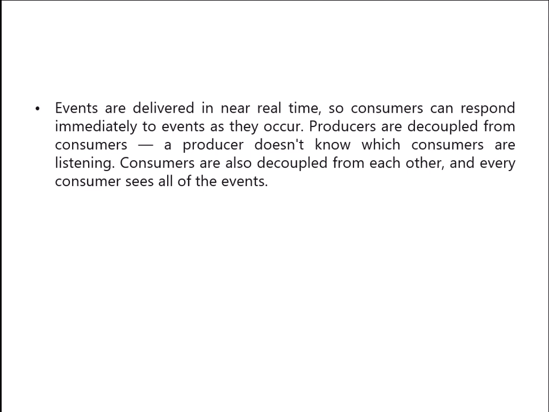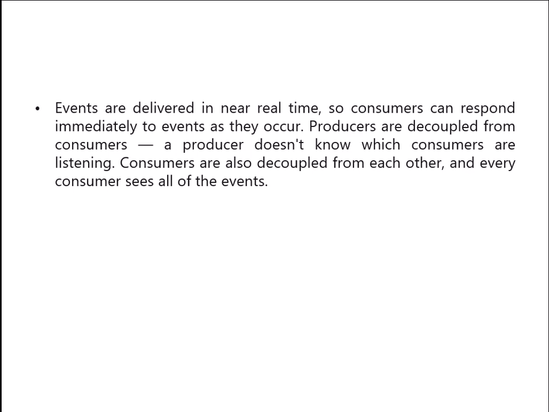Producers are decoupled from consumers. Remember that this is the beauty of this architecture, that producers and receivers are both decoupled. What is coupled? Coupled means being in a strong relationship. So there is no strong relationship, there is no boundness, and a producer also does not know which consumers are listening.